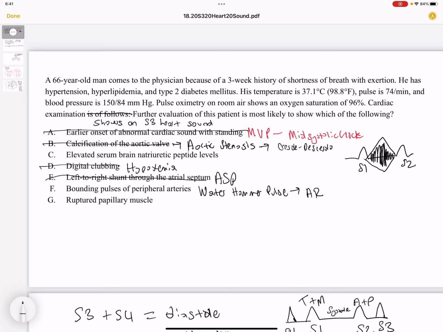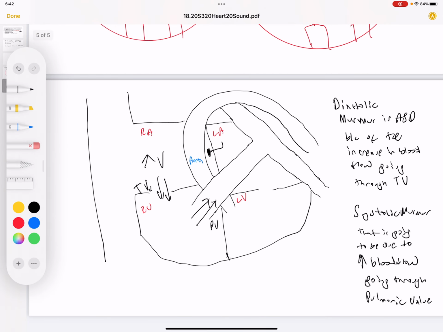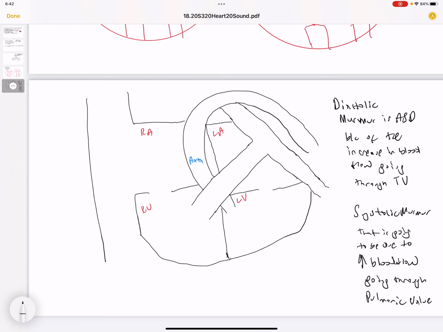Now during aortic regurgitation, let's try this out. So in diastole, the aortic valve should be closed. So it should be closed.